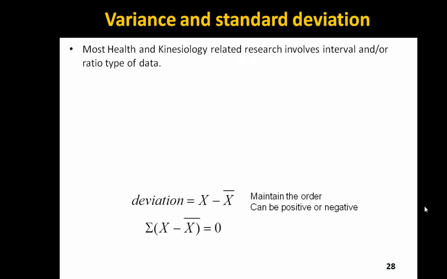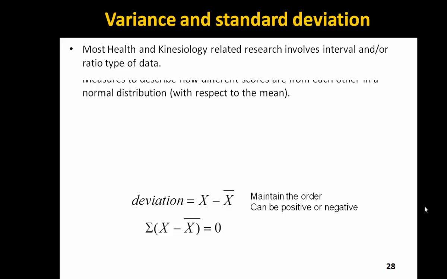The next measure of variability, which is going to be very important, involves interval and ratio data, and that's the variance and the standard deviation. This is a numerical value that provides information as to how spread out the scores in a sample are around the average, or the mean.